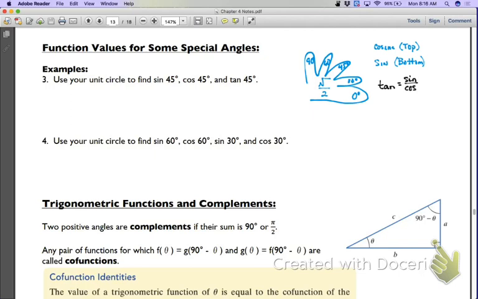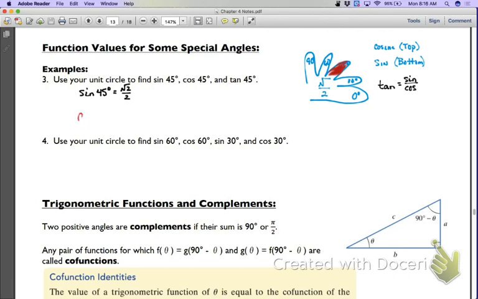So if I have sine of 45, that's where I'm going to bend everything. If I'm going to deal with sine, how many fingers do I have below the red? 2. So sine of 45 degrees is just going to be the square root of 2 over 2.